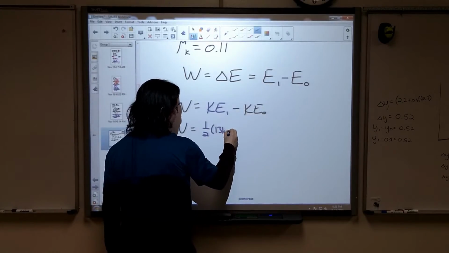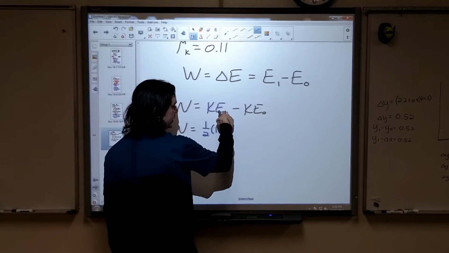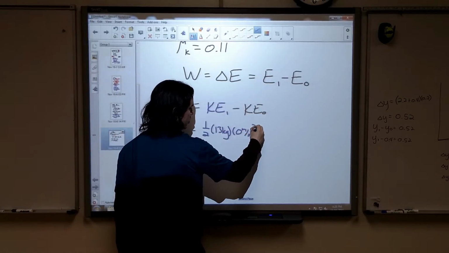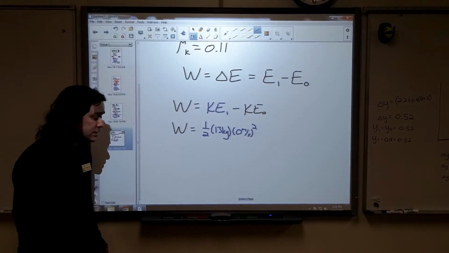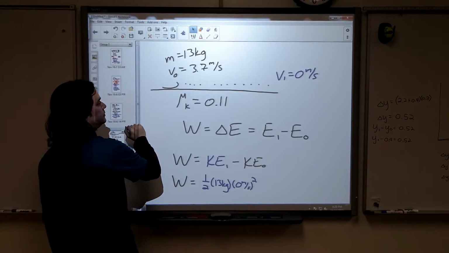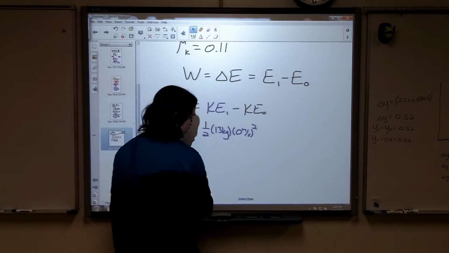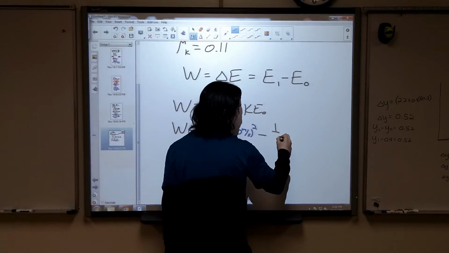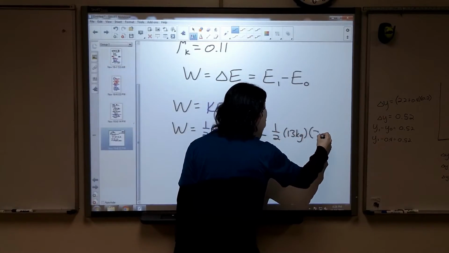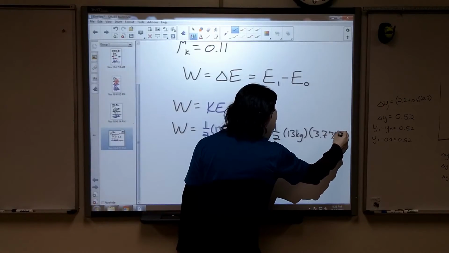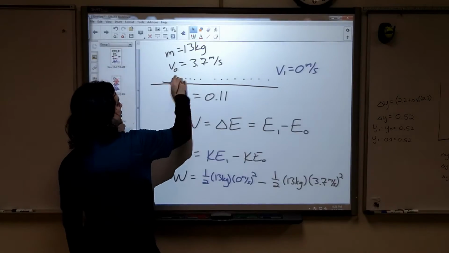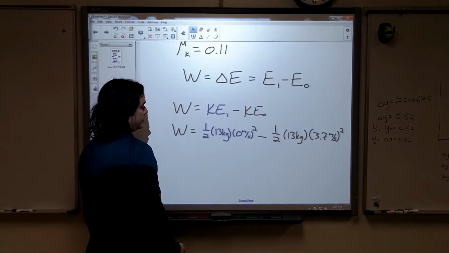The mass is 13 kilograms times v final squared, but v final was 0 meters per second, because at the end the sled comes to a stop. So 0, minus 1/2 times 13 kilograms times my initial velocity, which was 3.7 meters per second, squared, because that's our equation for kinetic energy.